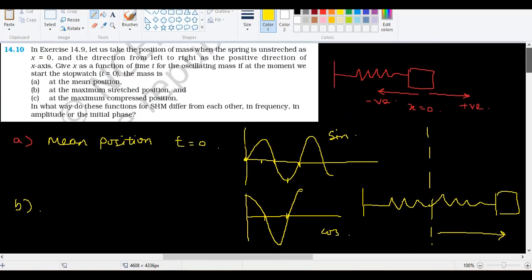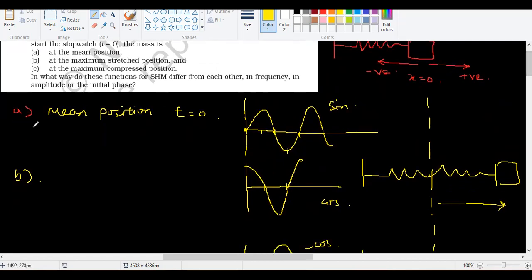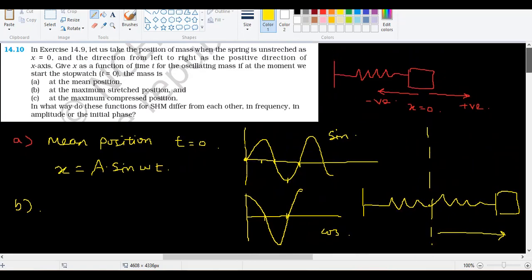So they asked you to give x as a function of time. That means x is equal to amplitude into sine omega t. What is the amplitude? We should take it from the previous question. So what do we have in the previous question? 2 centimeter, right? Remember, we moved it by 2 centimeter.